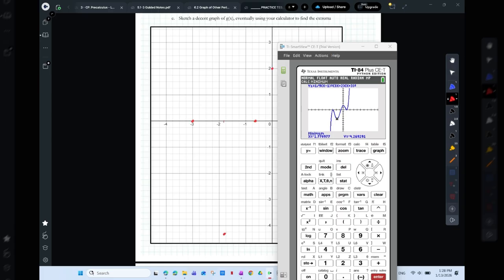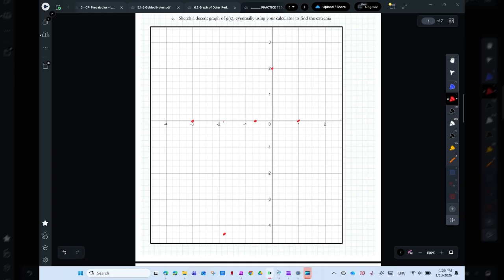Okay, now I would find out that this maximum here is in fact awfully close to the y-intercept. Now, I know that the graph will bounce off the x-axis at negative 3 and at positive 1.